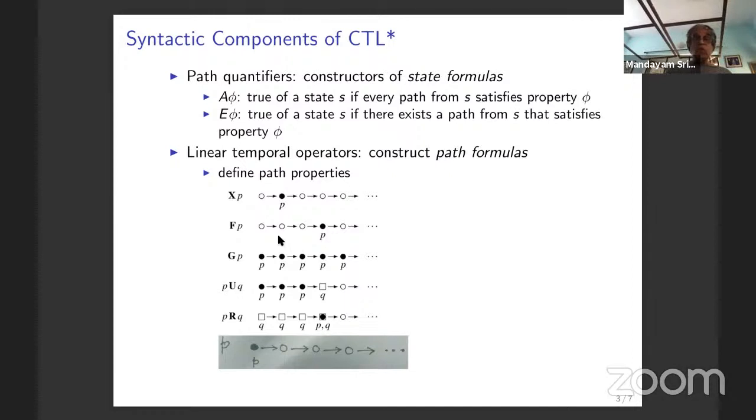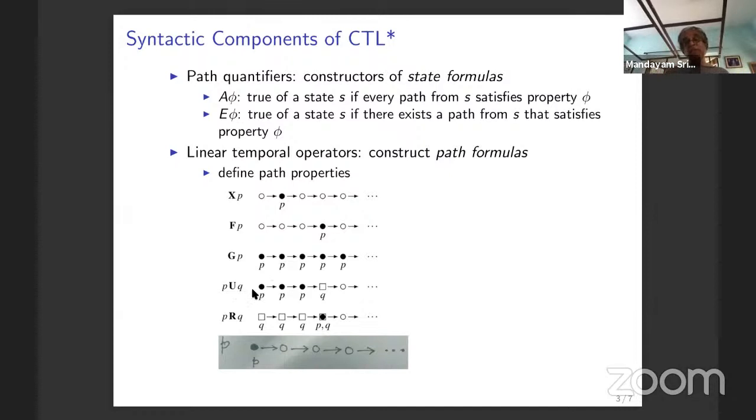So FP is true of any path if P is true at some future point in that path, for i greater than or equal to 0. So G of P is true of any path in which P is true at every point in that path.